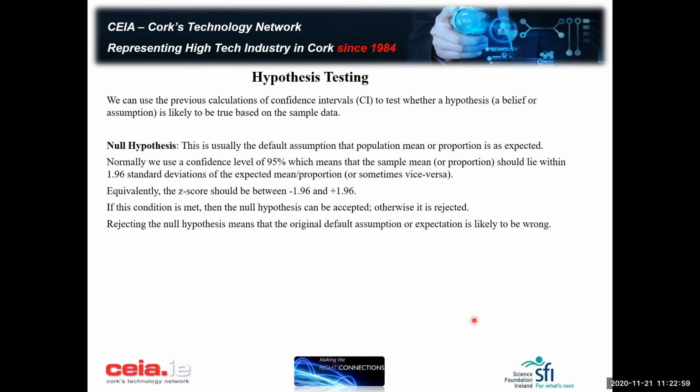Hypothesis testing. This is using the confidence intervals to test a hypothesis. A hypothesis will be an assumption that something is true.